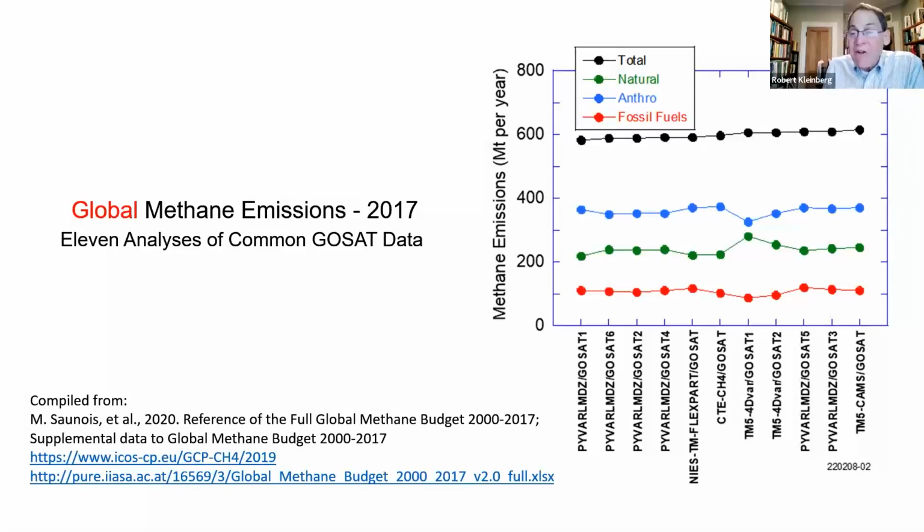If you try breaking it down, you're going to start running into problems because there is nothing, I want to repeat this, there is nothing in the satellite data that distinguishes natural from anthropogenic sources. It's all methane. So there's no isotopic information. There's no ethane, at least not in these data.